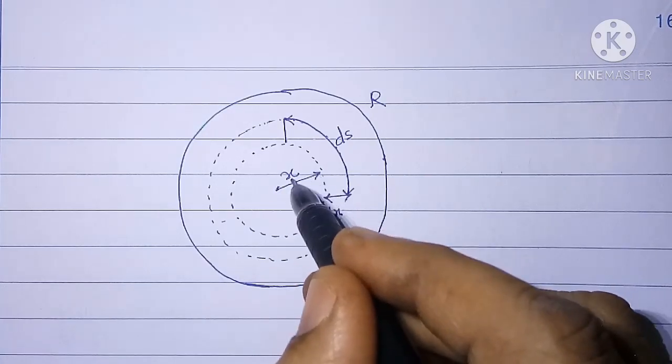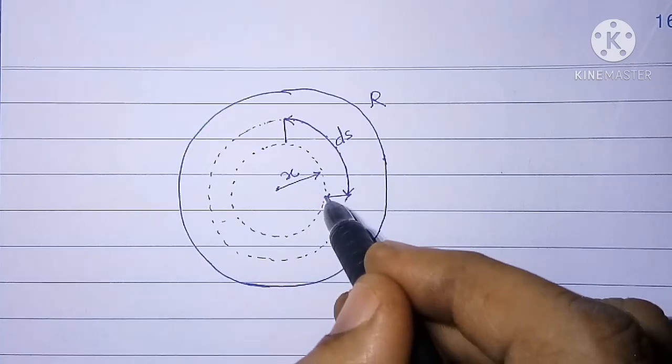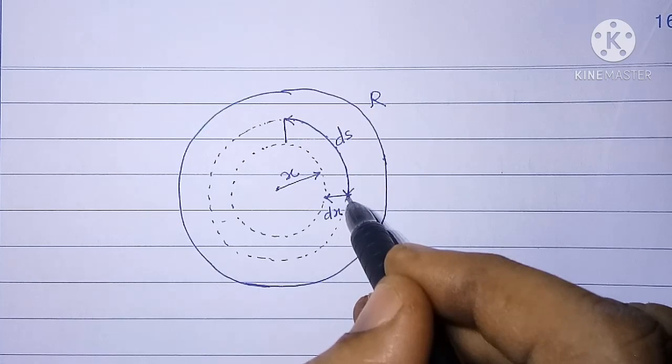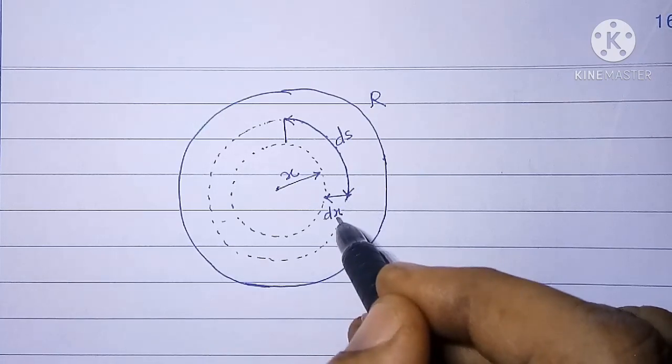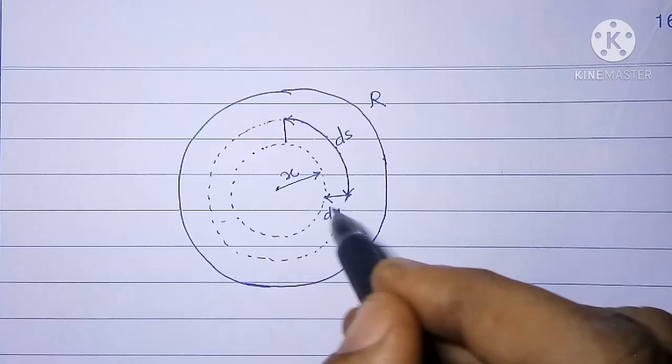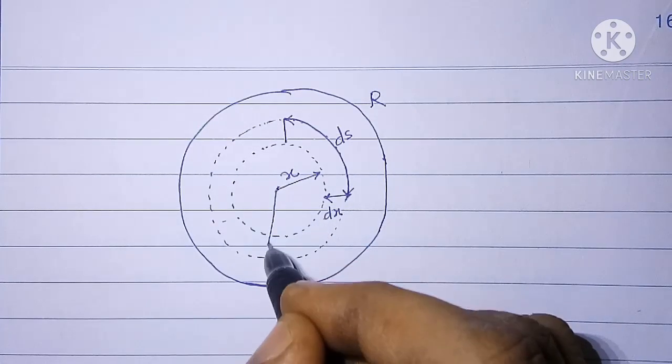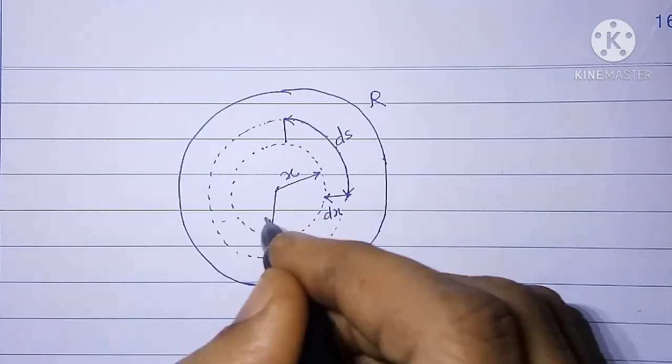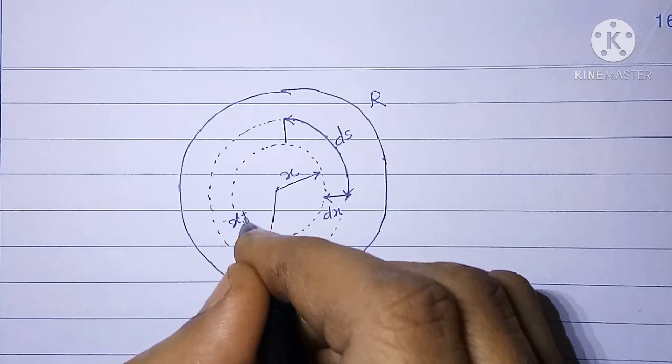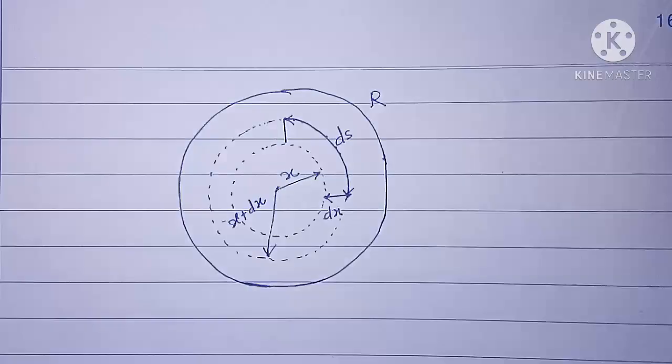Because inside ring radius is X, from inside ring to outside ring the distance is dx. Therefore the total radius will be now X plus dx.